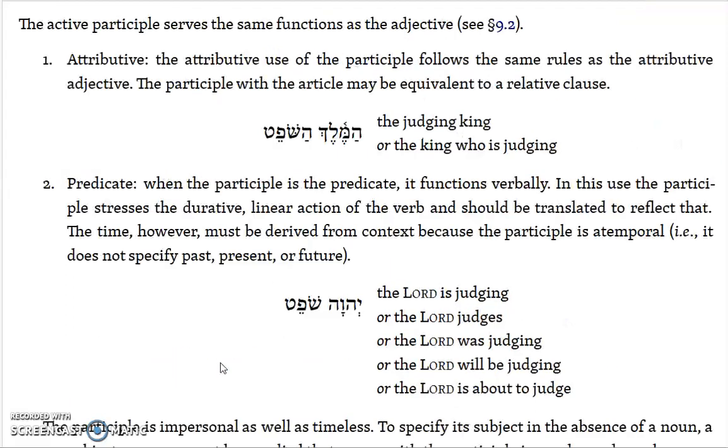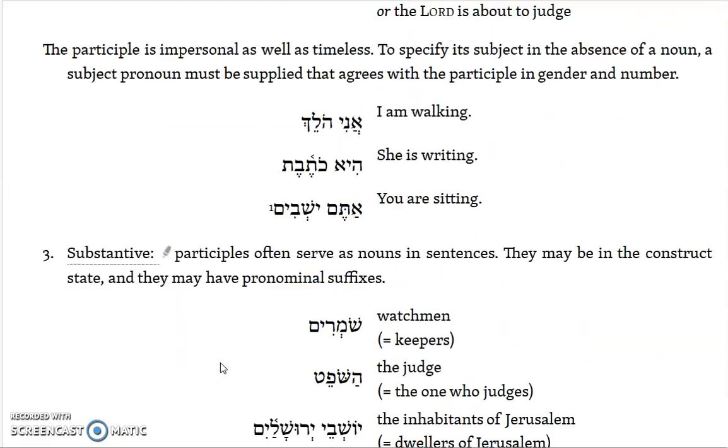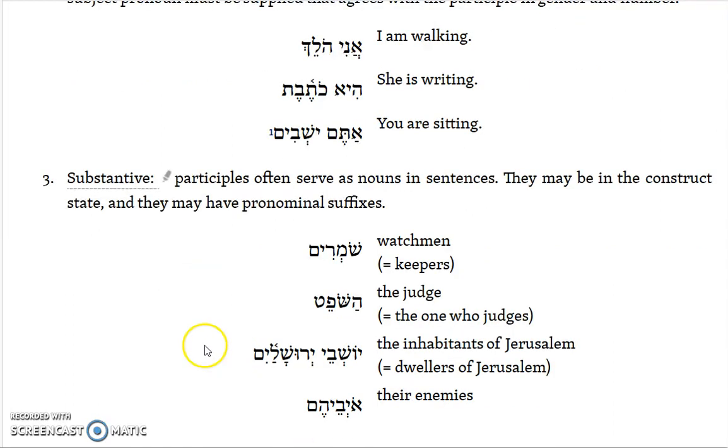So it can be an attributive adjective, it can be a predicate, functioning almost like a present tense verb, or can be future or past depending on context, in a verbless clause. Then it can also be used as a noun. So shamar means to watch or keep, but shomarim would be watchers or keepers.